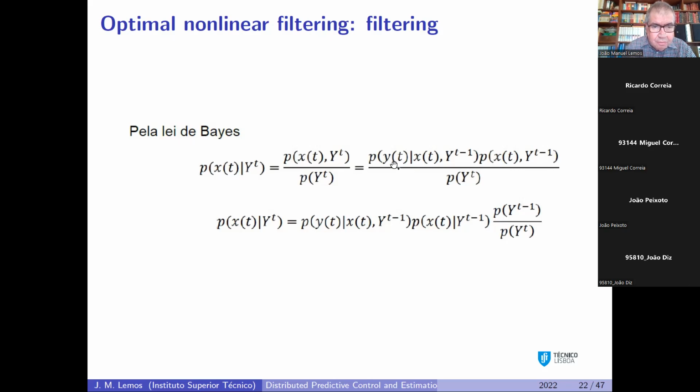This equality comes from isolating the last observation in this term and using Bayes law. Then, for this term, I use Bayes law again. So this p of x, y t minus 1 is p of x given y t minus 1 times p of y t minus 1. So this is nothing more than this joint probability.